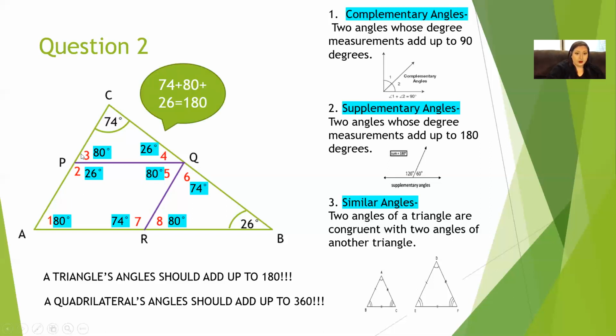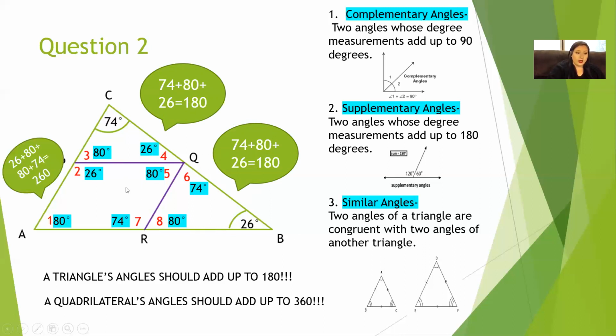The top triangle is 74 degrees plus 80 degrees plus 26 degrees, which gives us 180 degrees. The bottom one is the same because they are similar angles, so we get the same outcome. And the quadrilateral is 26 plus 80 plus 80 plus 74, which gives us 260 degrees.